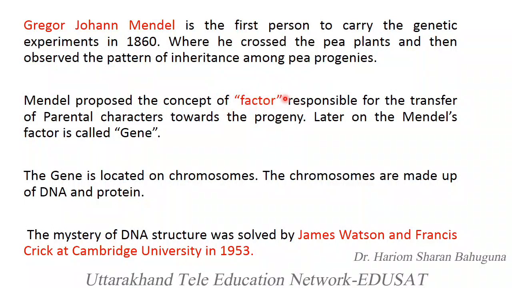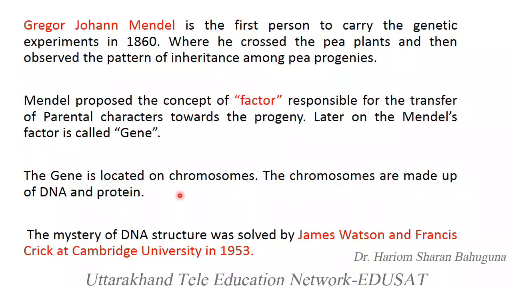At that time he proposed a concept of factors, that these factors are responsible for inheritance of characters from parents to their offspring. Later on these factors were called genes, and the gene is a structure of the chromosome.